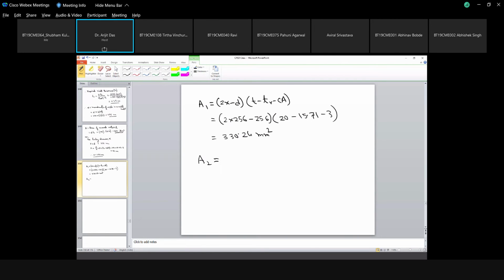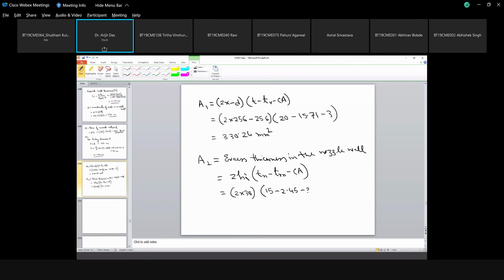Similarly for A2, that is the excess thickness in the nozzle wall, equal to 2H1 into (Tn minus required nozzle thickness minus Ca), that is 2 into 30, that is 15 minus 2.45 minus 3, it is 753 millimeter square.